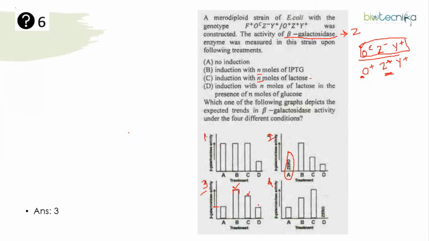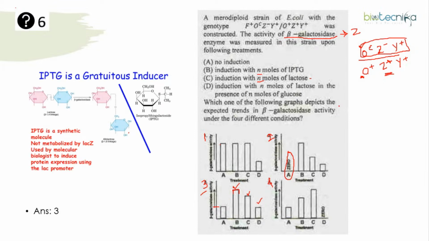So you will get an expression, but a very little expression. IPTG is a gratuitous inducer, so the maximum amount of expression you will get is from IPTG. I hope this is clear to everyone.